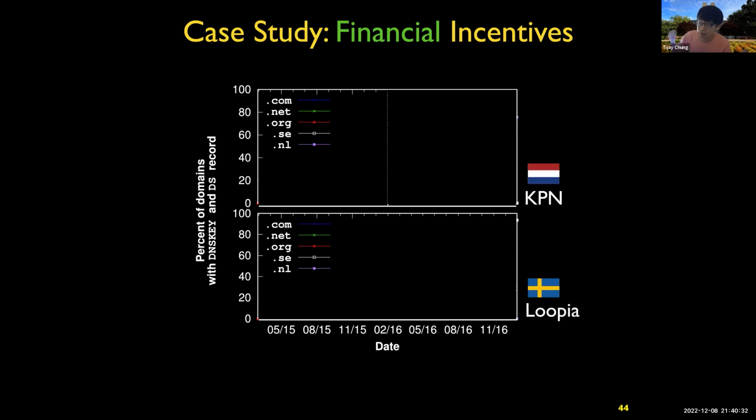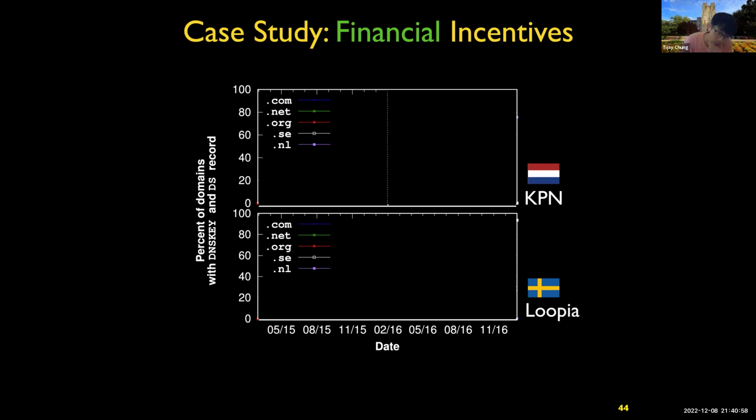Because it is a kind of nationwide initiative to encourage DNSSEC deployment, right? Which means they reduce the domain registration fee. Likewise, the Swedish registry, .se, also has a financial incentive for the registrar if they enable DNSSEC for SE domains.